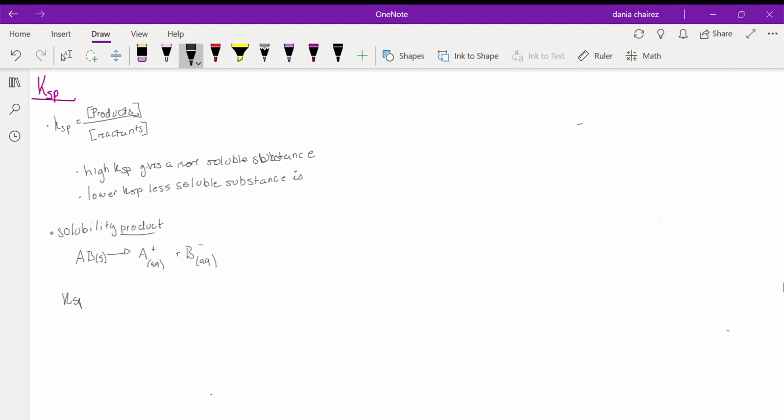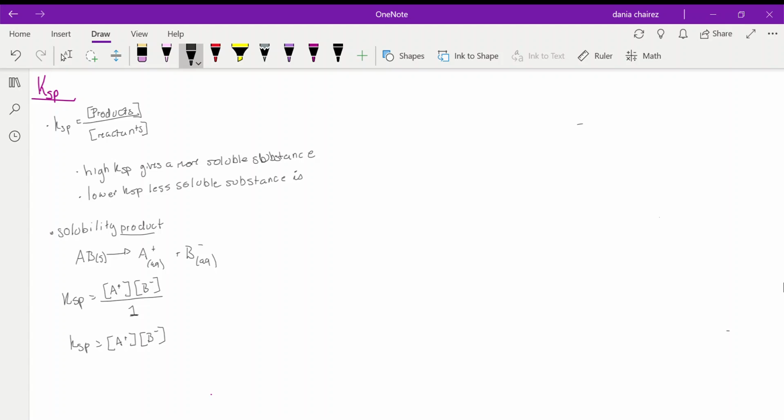So when you're writing your KSP, your concentration of products, you have your ions, and those are aqueous, so they count. But your reactant is a solid, it's a condensed state, so it's just 1. And when you divide anything by 1, it's the same number. So you just end up with the expression that is just the product of your products.